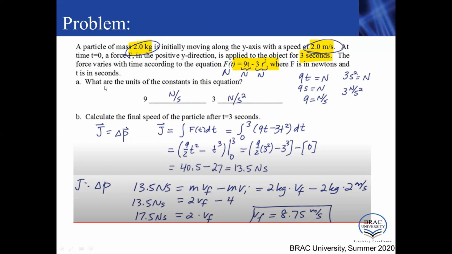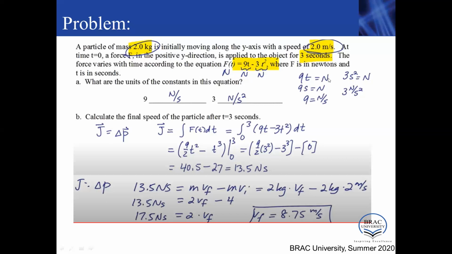First question is, what are the units of the constants in the equation? So in this equation, constants are 9 and 3. According to the units, we can say that the unit of the force is Newton, then the unit of 9t is also Newton, and the unit of 3t square is also Newton.